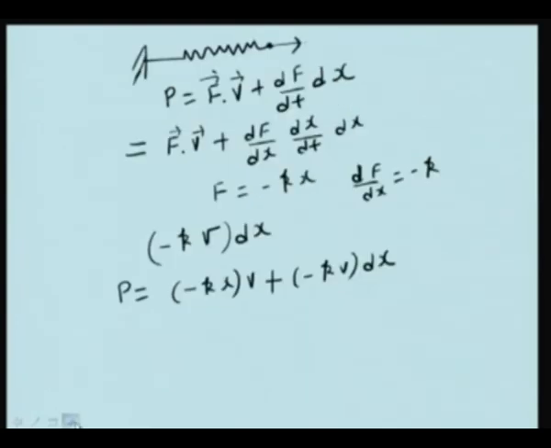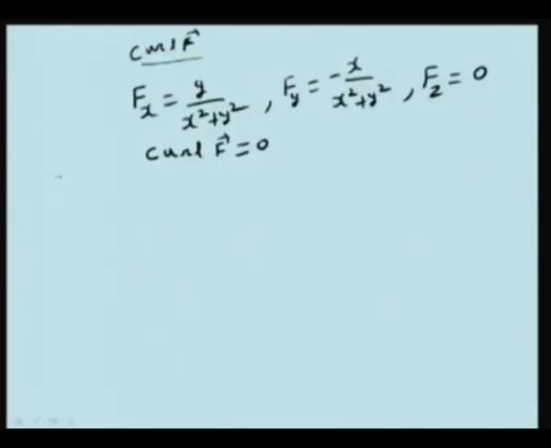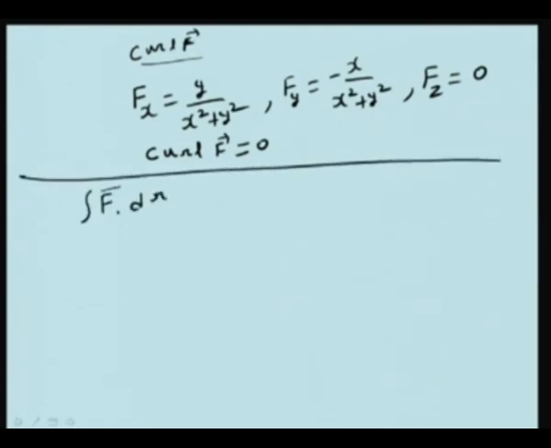Now, we have learned that in this case, integral F dr is equal to half m (v2 square minus v1 square), which is a very basic equation.